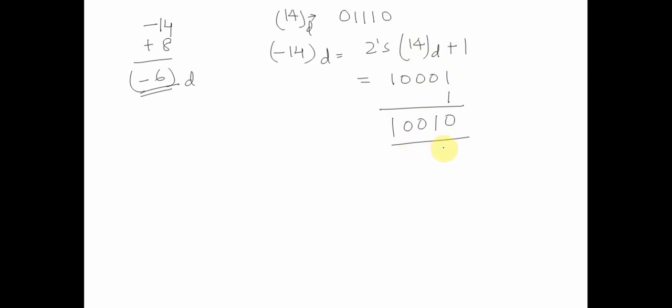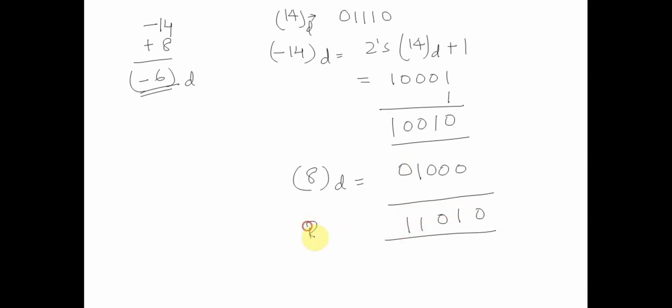Then our 8 in decimal, when we convert that into binary, is 0 1 0 0 0. Now if we add both, 0 1 0 1 1, this is our result. How do we find the magnitude of this result? This number's MSB is 1, so it is a negative number in sign representation.